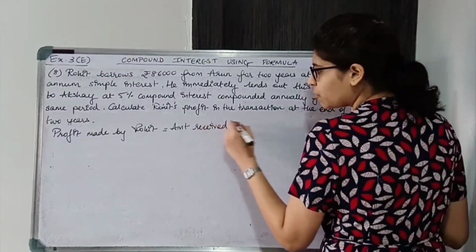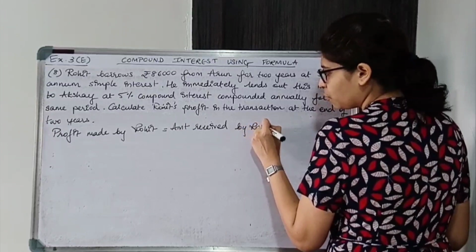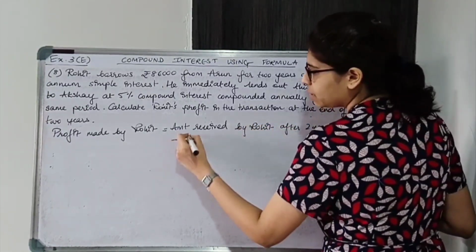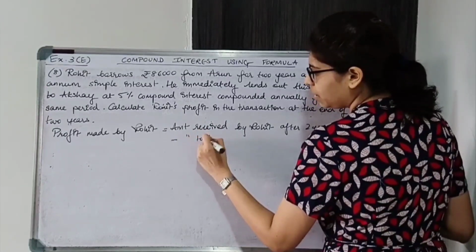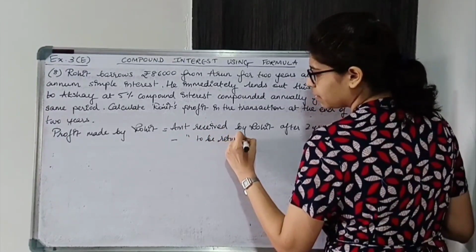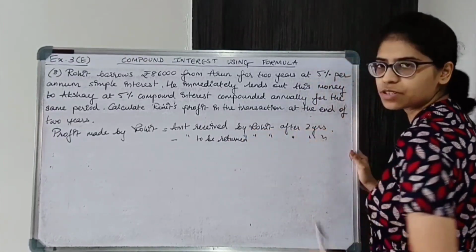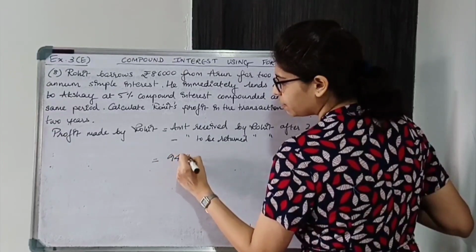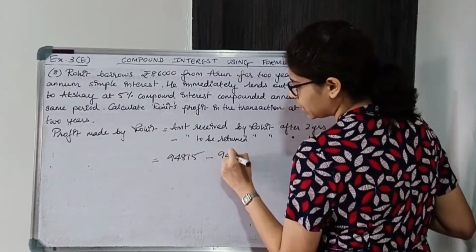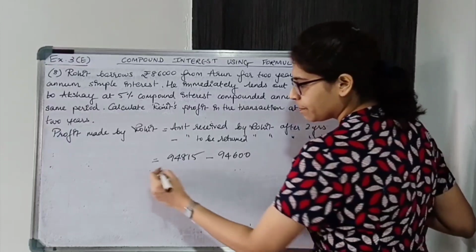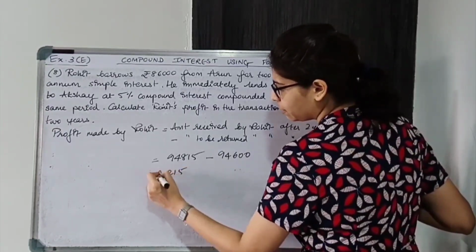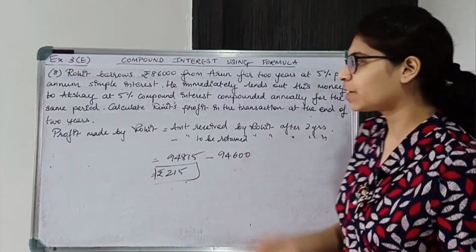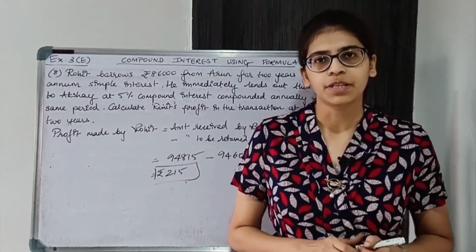So the amount received by Rohit after 2 years minus the amount to be returned by Rohit after 2 years is 94,815 minus 94,600. So the profit made by Rohit is 215 rupees. Don't forget the rupee symbol, box the answer.